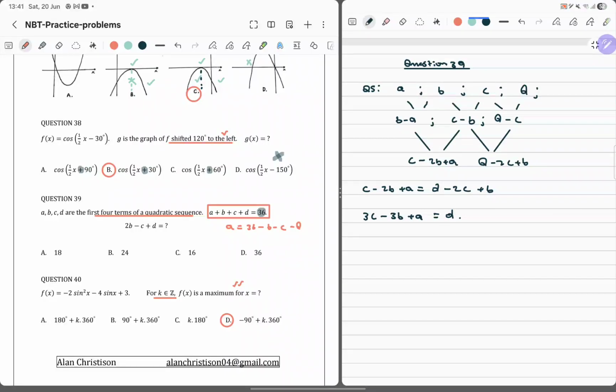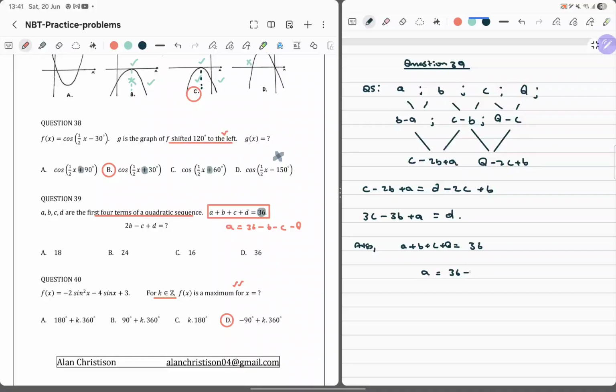Now what we want to get rid of is a, because we don't see a in our expression. So we can just say also, we know that a plus b plus c plus d is equal to 36.